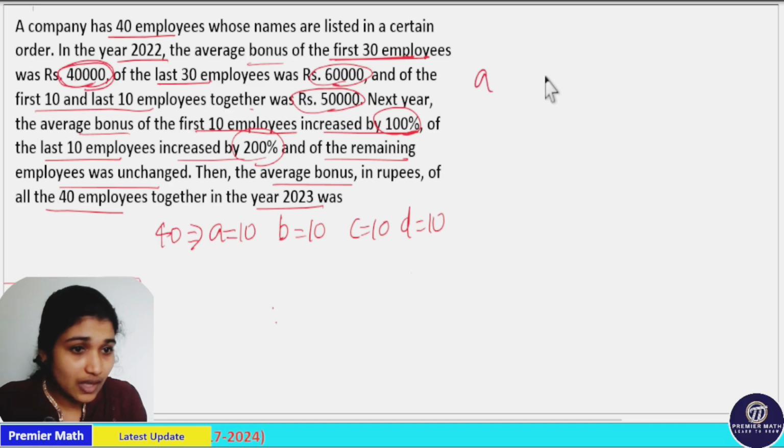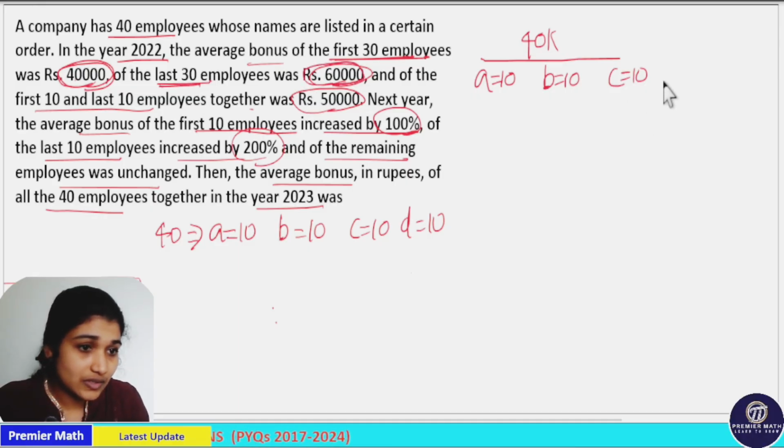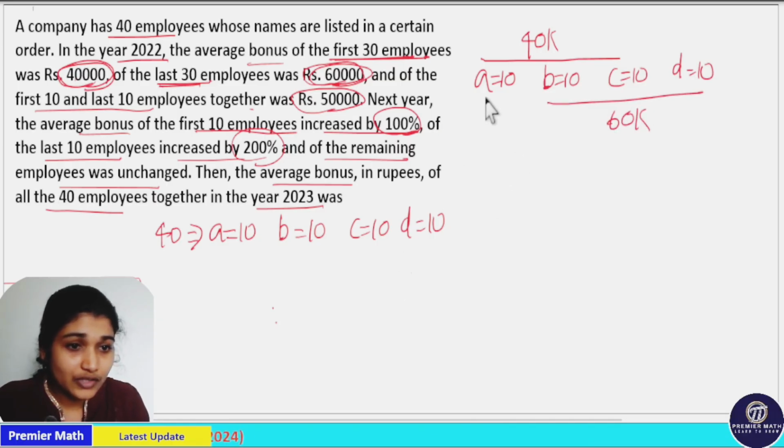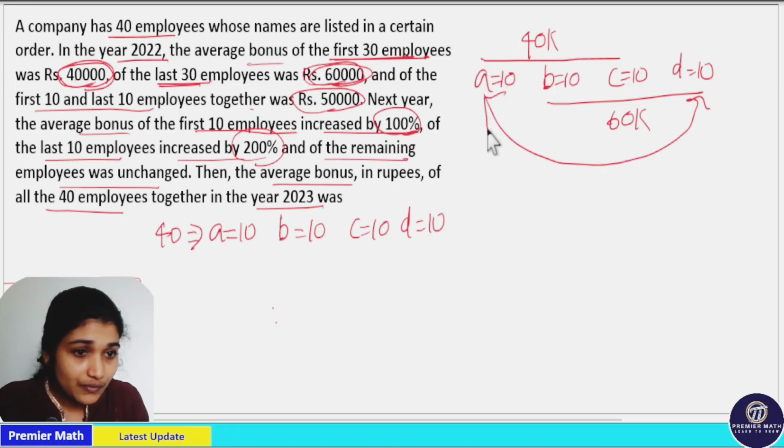That is, the average of A, B, C together is 40,000. Here A is 10, B is 10, and C is 10. In the same way, the average of the last 30 employees was 60,000, and the average of the first and last 10 was 50,000.